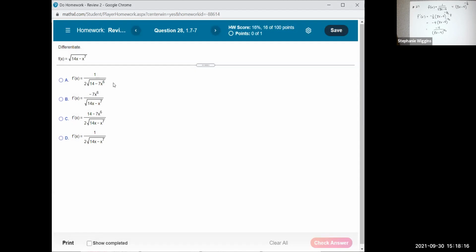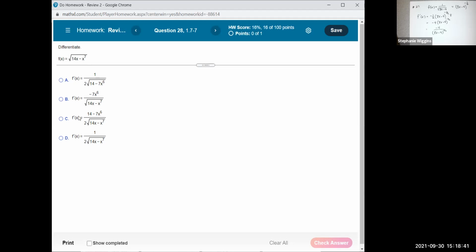I think we've done one like this. Again, you just write this as 14x minus x to the 7th raised to the 1/2 power. And when you subtract 1 from your exponent of 1/2, it's going to become negative 1/2. That's going to kick it down into the denominator. So the choice is going to be one of these three. Okay, this to the negative 1/2 is one of these three.